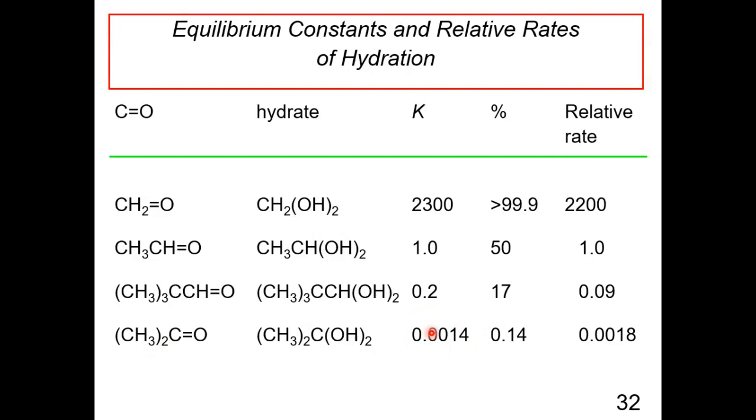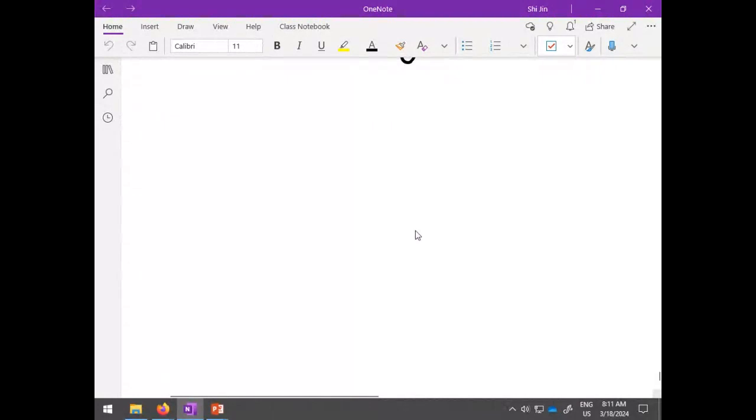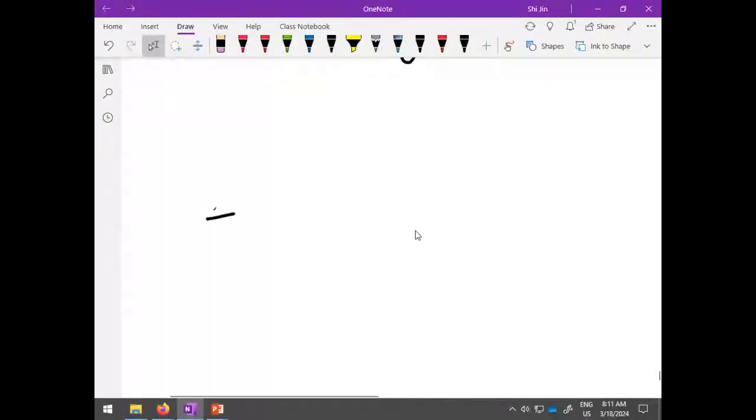And once the carbonyl group becomes more stable, the reaction rate also decreases. Okay, because that's usually the case, although it's not always absolutely the case. You can understand this. If this is a carbonyl compound, and this is the hydrate, assume the activation energy doesn't change much.